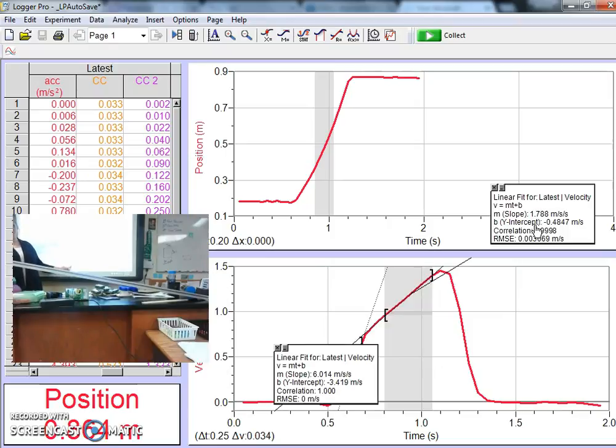The slope of this velocity and time graph gives you the value for your acceleration. The slope of a position and time graph tells you all about the velocity. The slope of a velocity and time graph tells you about the acceleration. Okay, are there any questions?